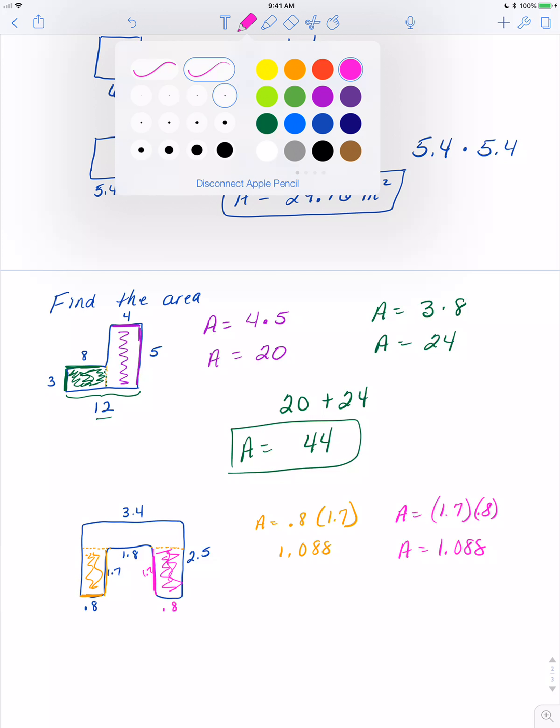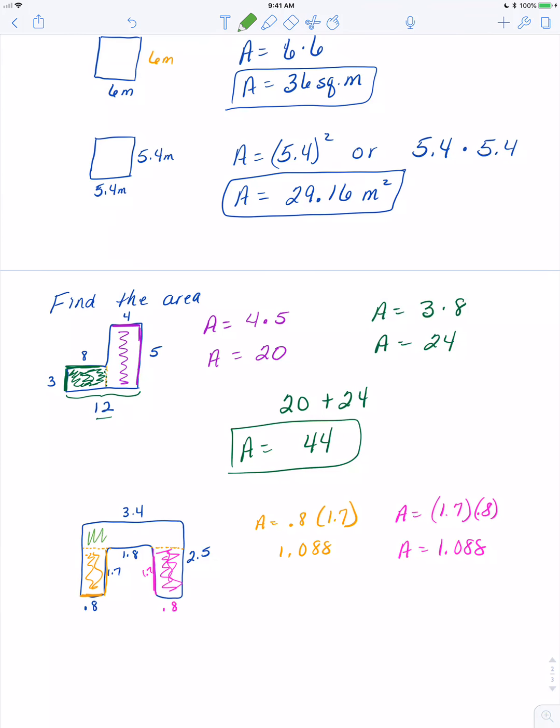And then we have the last section up here is, let's make it green. So what's the length of that? All right, well we know that the whole side here is 3.4, but we need to know what's this little section.